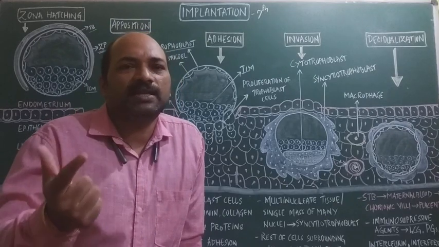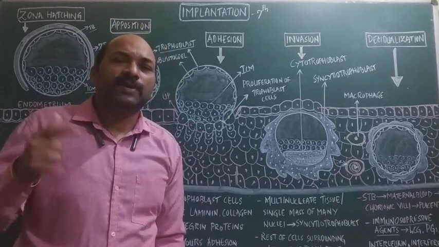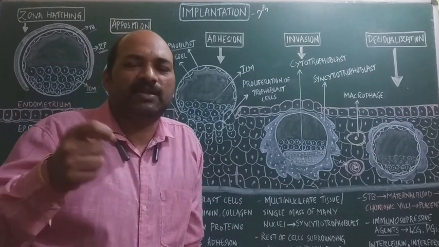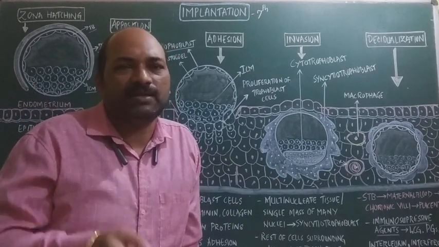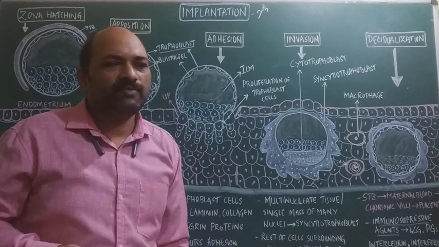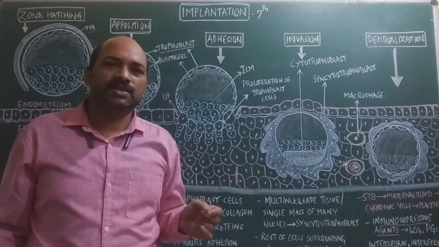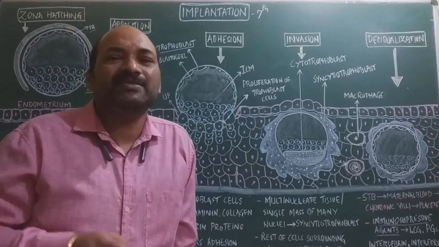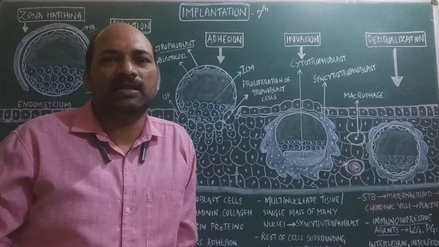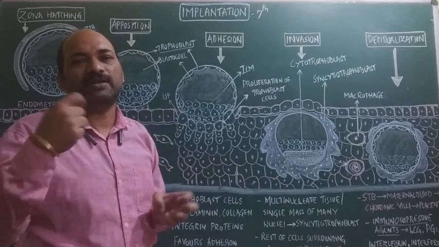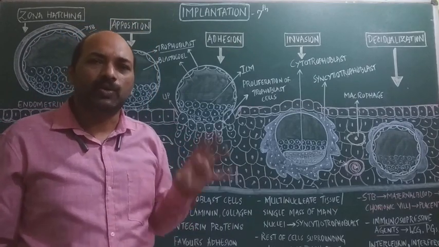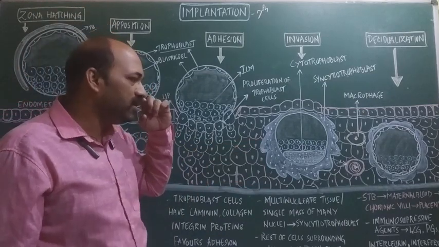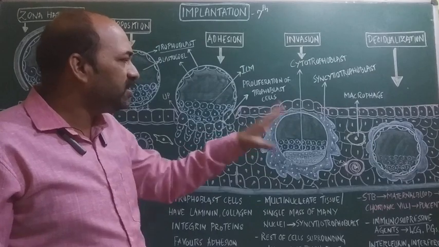Second, HCG notifies the mother that the female has now become pregnant. And the third one is that the HCG, the human chorionic gonadotropin, prevents menstruation or the menstrual cycle and sustains the corpus luteum, where progesterone secretion continuously occurs from the ovary. So that is HCG.